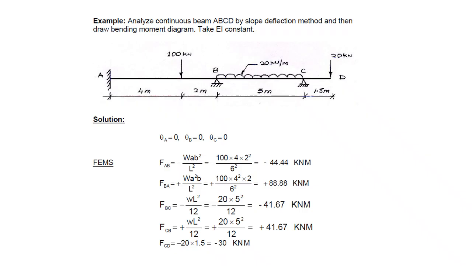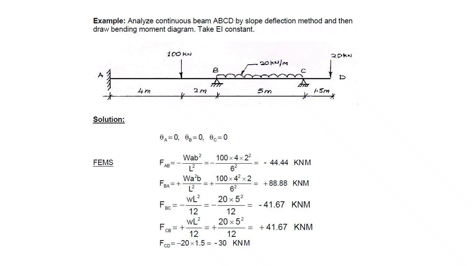for each span, and establish the moments at either end. So MAB, and we have to assume fixity on either side. Take the span AB, assume fixity on either side, and a 100 kilonewton concentrated load is provided.